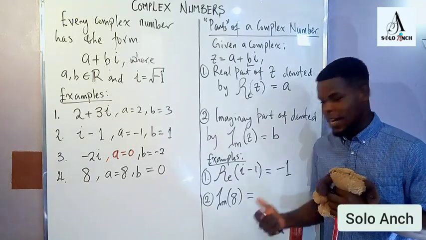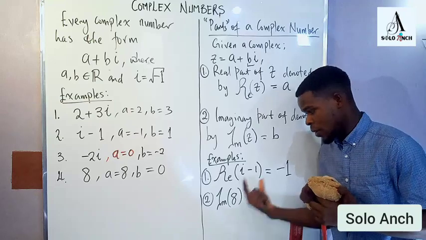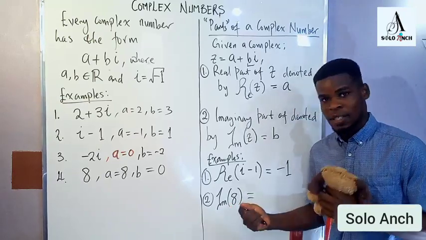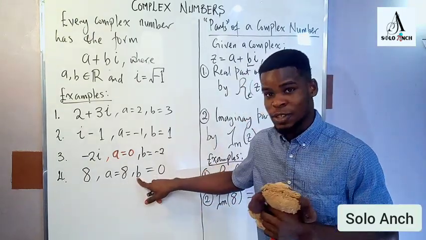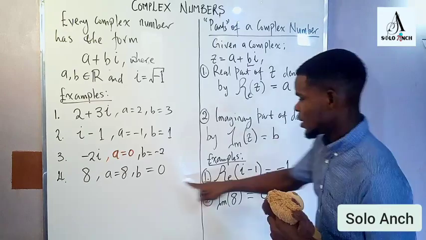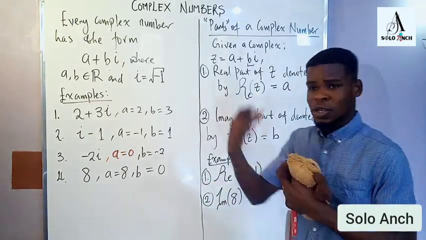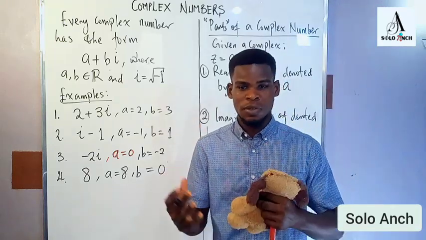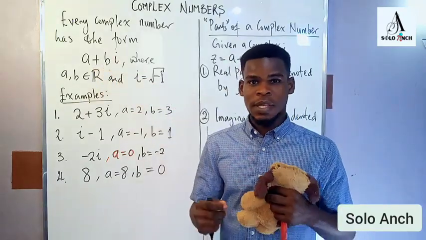Well, this is just a number without the i, so the imaginary part must be 0. The imaginary part, which we said should be b, in this case is 0, so just easy. You can choose any example, any complex number, as I've shown you how to set it up with real numbers, where one of them is attached with the i.